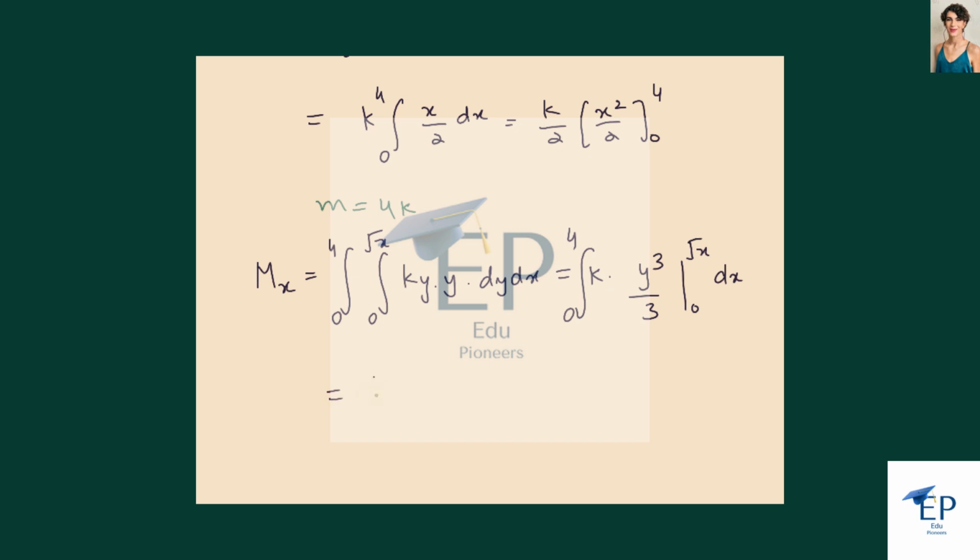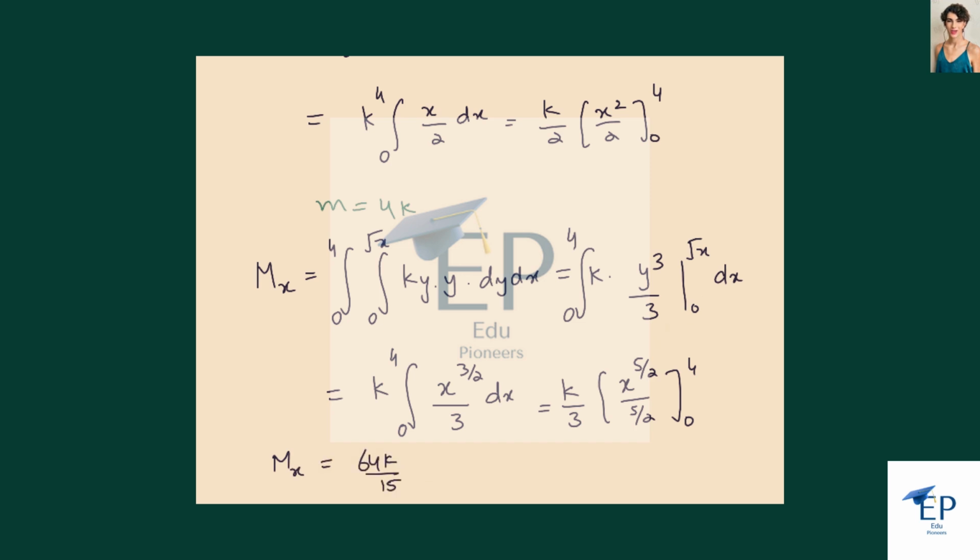This equals k times the integration from 0 to 4 of x raised to power 3 by 2 divided by 3 dx. Solving this further, we get k by 3 times x raised to power 5 by 2 divided by 5 by 2, limits from 0 to 4. Substituting the limits, we get Mx equal to 64k by 15.